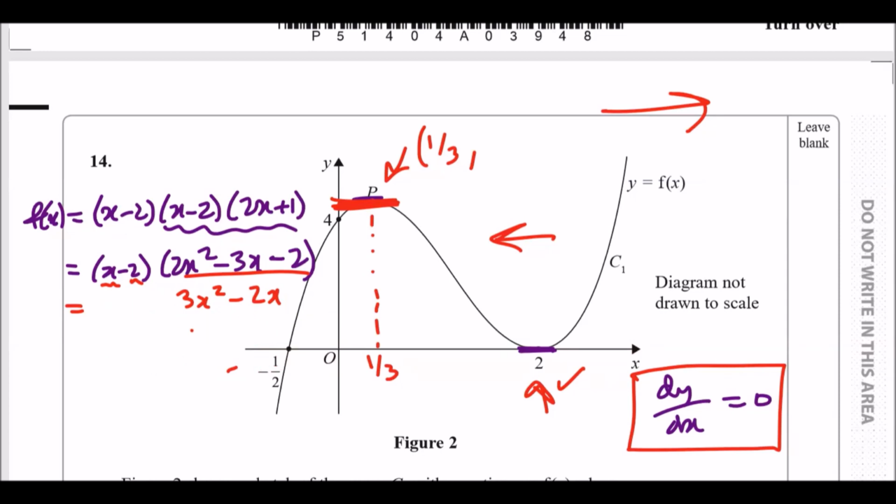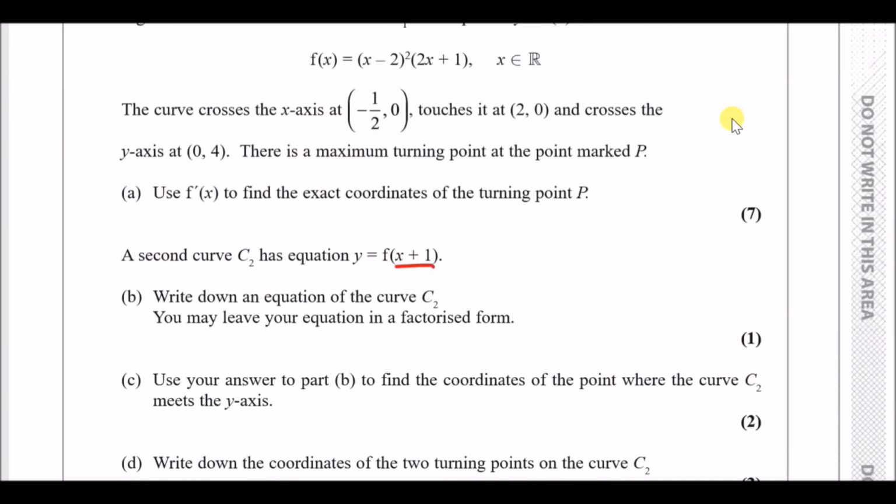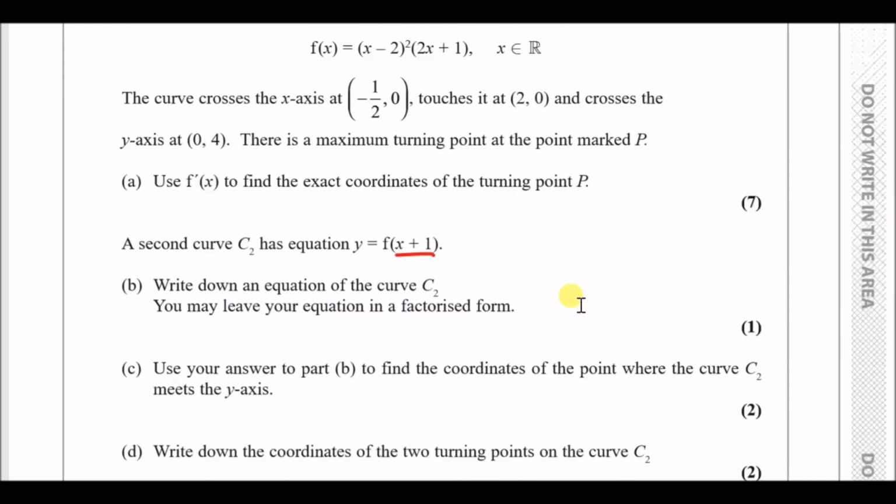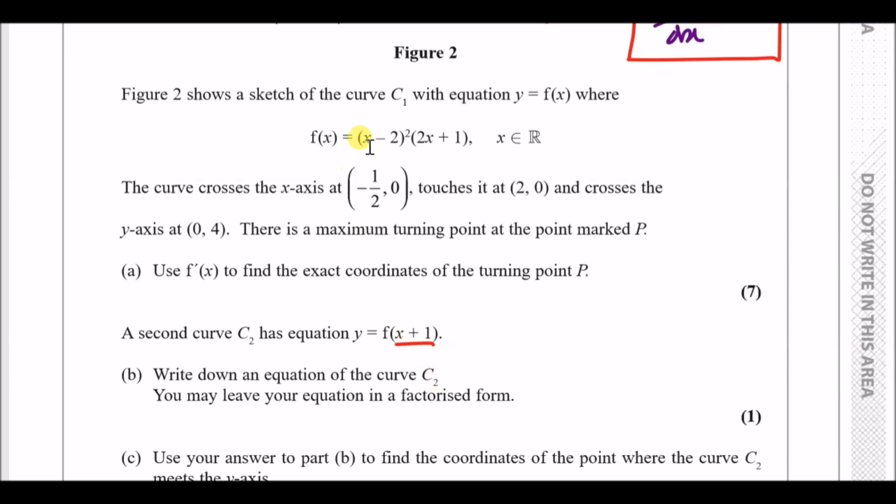Okay, so let's go ahead and solve part B. Write down an equation of the curve C2. You may leave your equation in factorized form. That's really kind of them. So what we're going to do is replace this x with x plus 1. So we can say this is equal to, bracket, x plus 1, and then of course minus 2, squared.